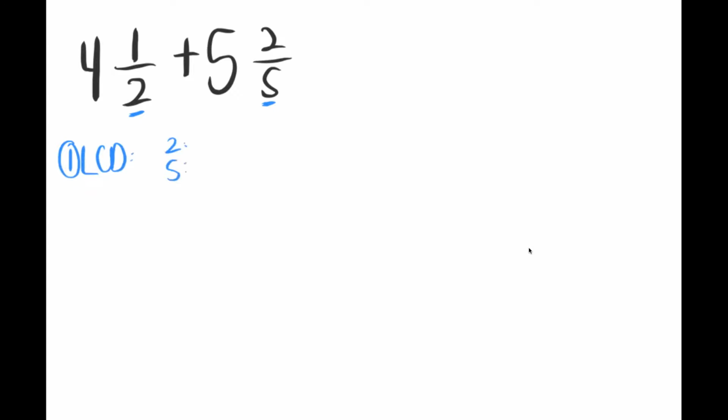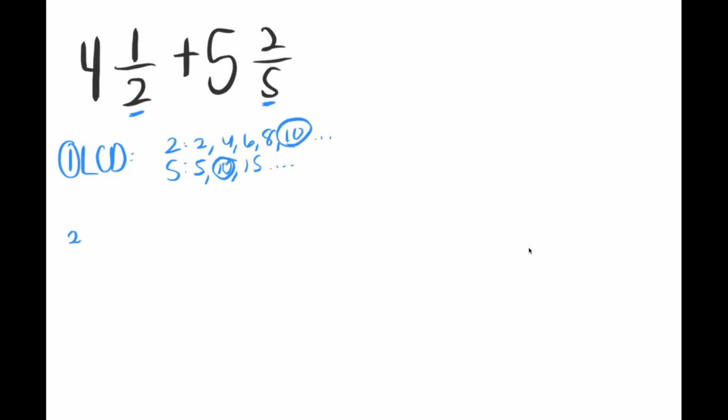Or, since we've already done these for a while, we already know that the lowest common denominator of 2 and 5 would be 10. So by doing the multiples, we would do 2, 4, 6, 8, 10, and so on. And then for 5, it's 5, 10, 15, so on. So the lowest common was 10.